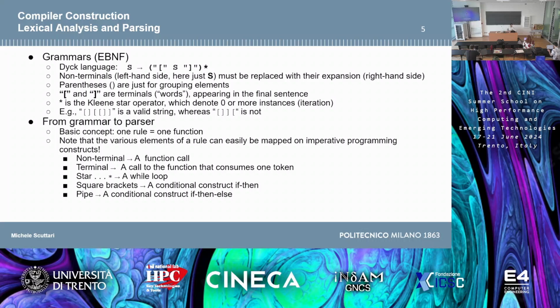Each non-terminal becomes a function, or really a procedure, that is then called inside other procedures. These elements are mandatory. They are fixed words. So when I try to recognize S, the axiom, I need first to read an open parenthesis.